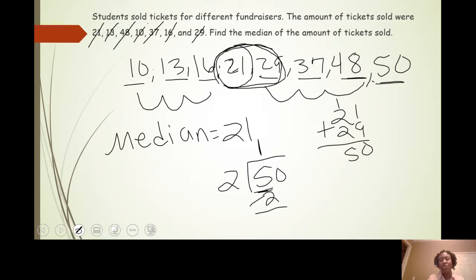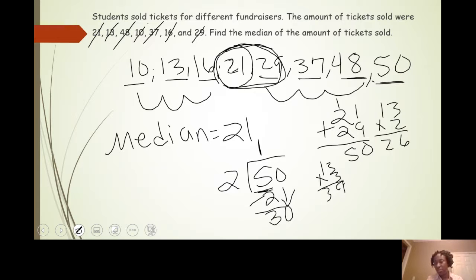So 5 minus 2, 3, bring down my next number, or next digit, I'm sorry. Now I'm looking for 30. If I made a list to multiply by 2, let's see, 7 times 2 is 14, I'm going backwards, 10 times 2 is 20, 11 times 2 is 22, 12 times 2 is 24. 13 times 2, 26. 13 times 3, 39.